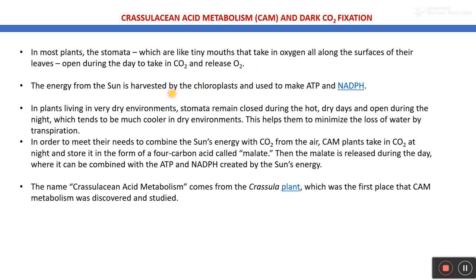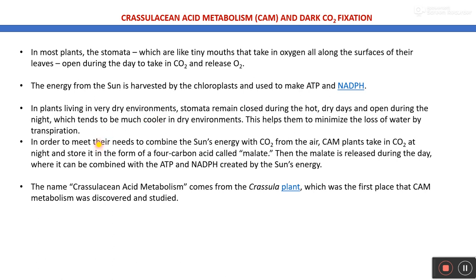Most plants open their stomata during the day because that is when energy is received from the sun. The energy from the sun is harvested by the chloroplast and used to make ATP and NADPH. These short-term energy storage molecules are then used to power the fixation of carbon into sugar.